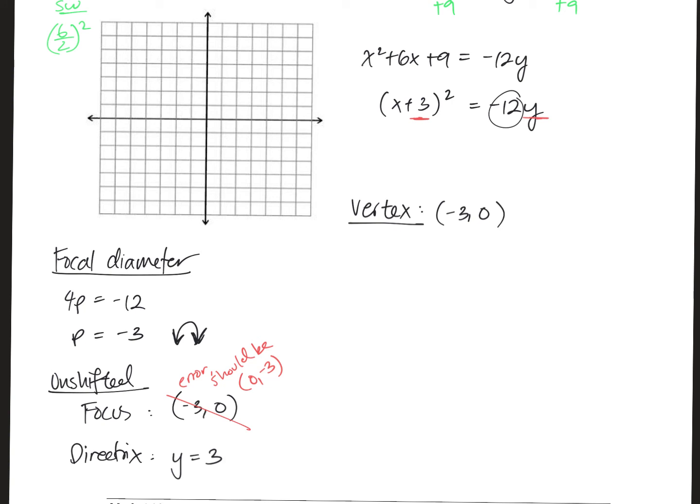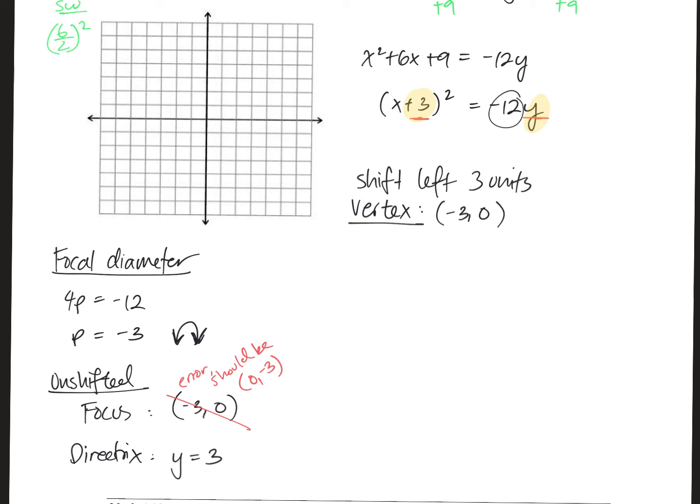Now we have to check to see how our graph is affected by the shift. So what shifts are happening? Well, the only shift we have is actually affecting the x value. Nothing's happening to y. So with that plus 3, what does that mean? We're going to shift left 3 units.